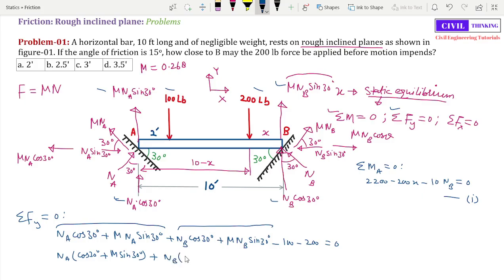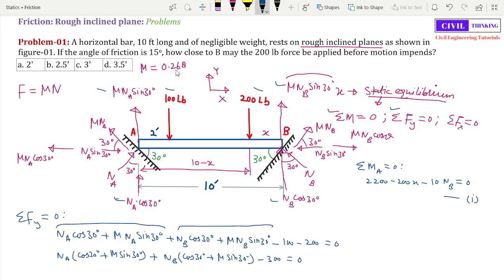Nb multiplied by cos 30 degrees plus mu sine 30 degrees. Okay, then minus 100 minus 200 is minus 300. It is equal to 0. Okay, now we have cos 30 degrees plus mu sine 30 degrees.